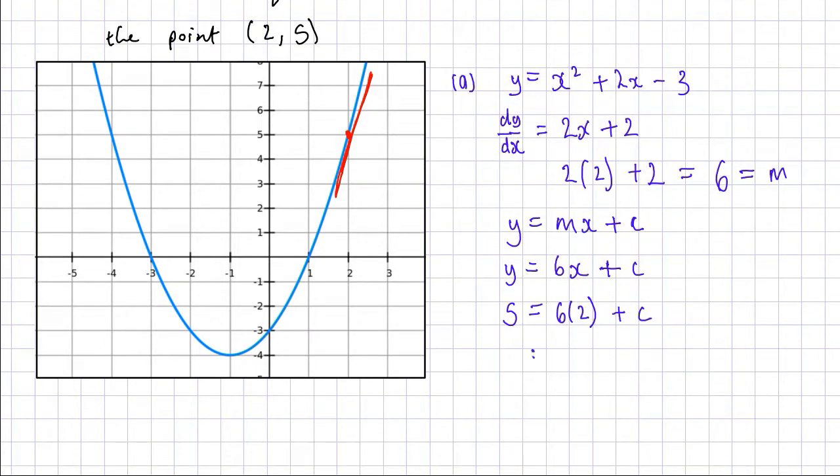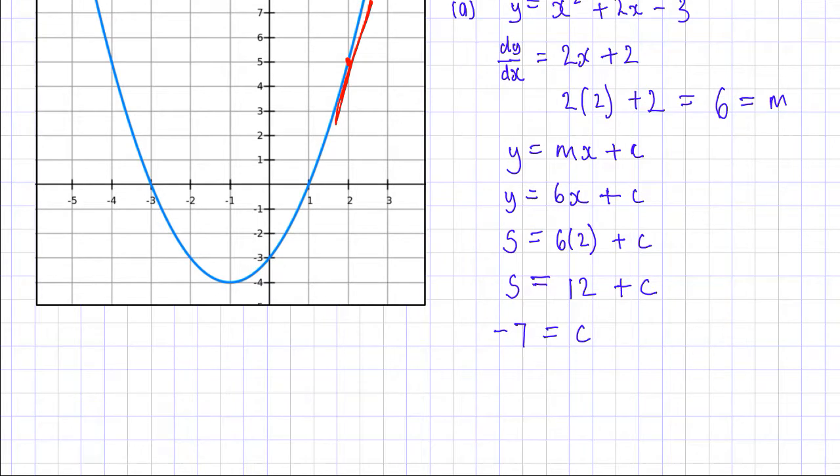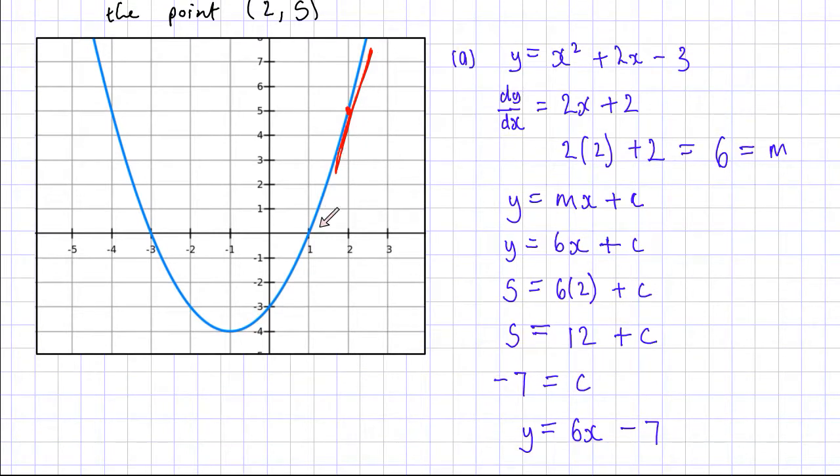So 5 is equal to 12 plus c, and if I take away 12 on both sides, I get minus 7 is equal to c. So my equation of the tangent is y equals 6x minus 7. If I was to extend this all the way through, it's going to cross the y-axis at minus 7.